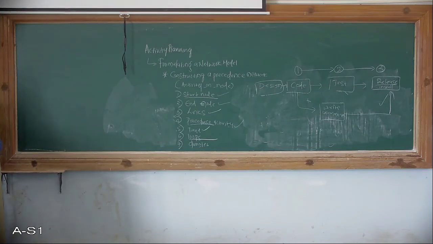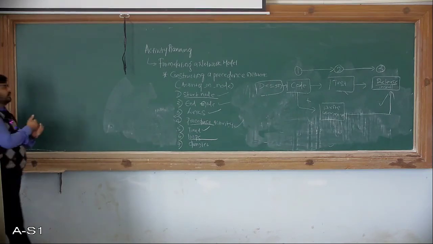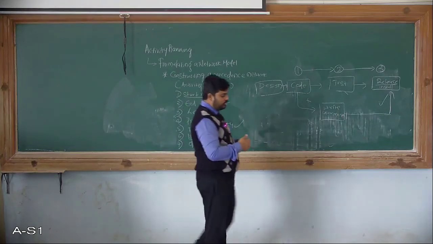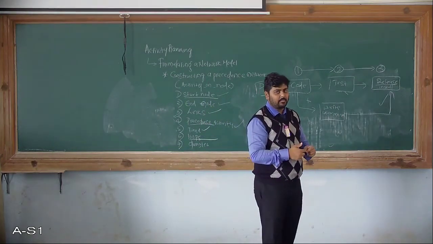Then activity on arrow. And another short topic, which is nothing but shortening of the project duration. Here you can recall when we went through the forward pass and the backward pass.